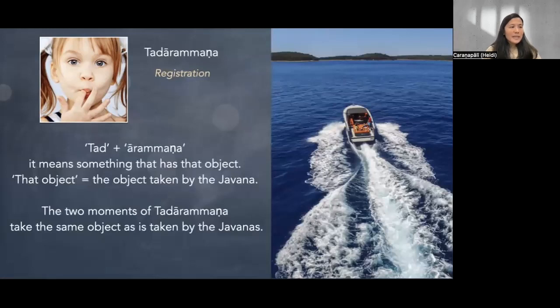Tadaramana does not necessarily arise all the time. It can arise or not arise depending on how strong the object was. But later in chapter 4, when we study mental processes, we will see all kinds of processes, when they arise, when they do not arise, and why and how. But when they arise, it is called the registration.